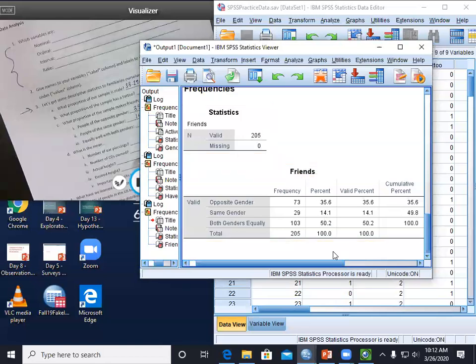Sometimes though, in a data set, you'll have instances where only a subset of your sample answers a question. For example, in our survey, we ask people, do you have a valid prescription for ADHD medication? Some proportion is going to say yes, and some proportion is going to say no. The ones that say yes will then see a further question asking them how often they take it, or which specific drug they're prescribed.